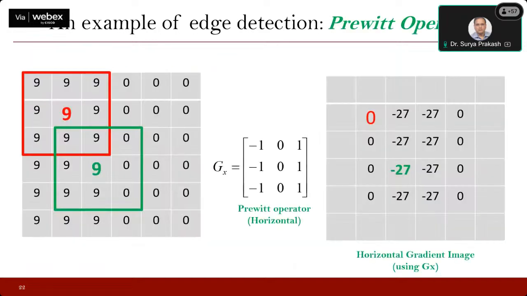Okay, so let's see one example where this computation is being done, and then based on that we get the gradient. Let's say this is the image where you want to compute the gradient.